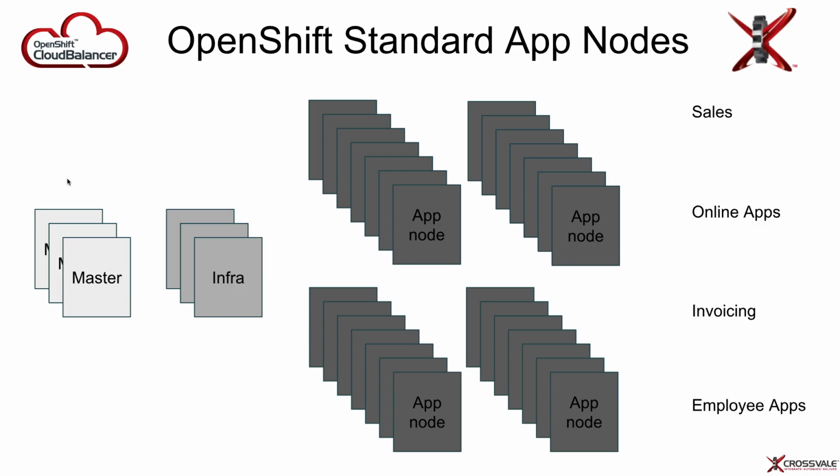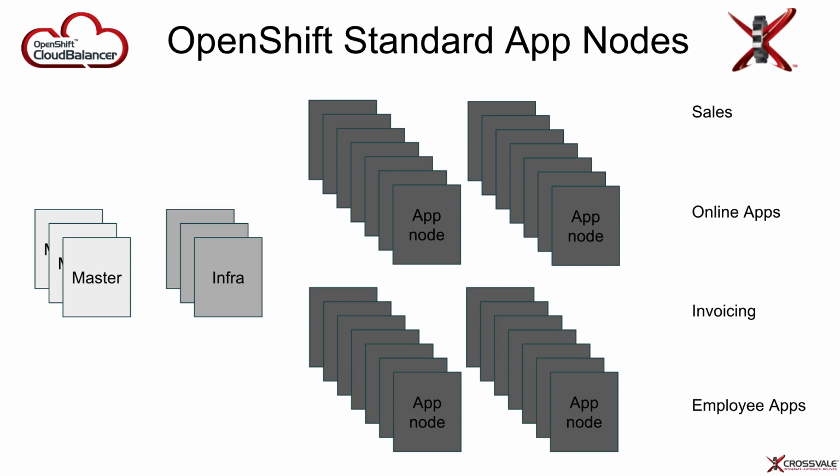In a typical OpenShift environment, in addition to the master and infra nodes, we have all of our worker nodes, and our applications get deployed or scheduled out onto those nodes based on certain metrics that we specify within the system. Now, this does not mean that an application will always reside on a certain node. It can, it just all depends on the rules we set up.